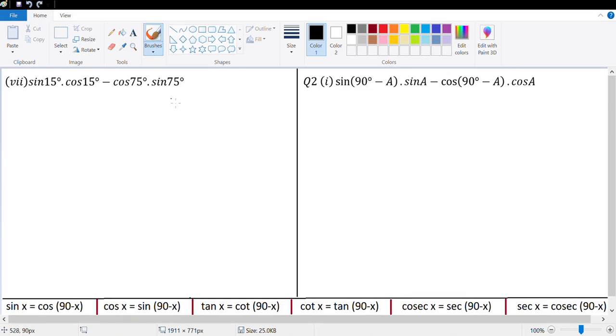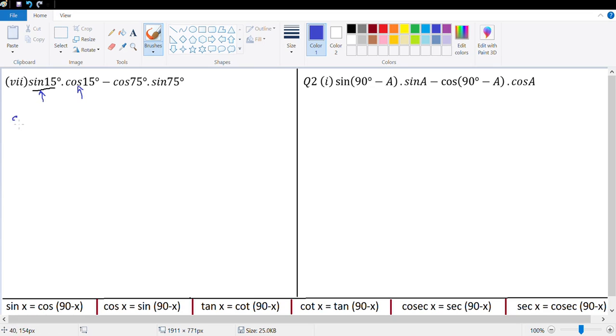It says sin 15 degree dot cos 15 degree minus cos 75 degree dot sin 75 degree. Let's try and convert. I notice that this can be converted into cos, because sin 90 minus 75 will be equal to cos 75. So I can convert this into cos 75 and I can convert this into sin 75.